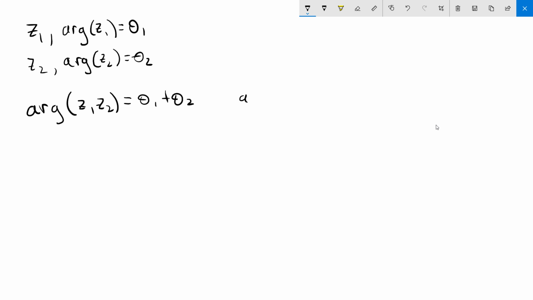And even furthermore, the argument of z1 divided by z2 is equal to theta 1 minus theta 2. Now, I'm going to show you the first one. I'm going to show you this one here.